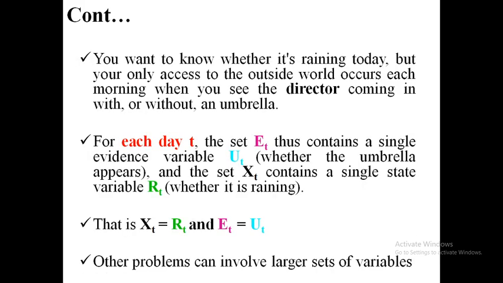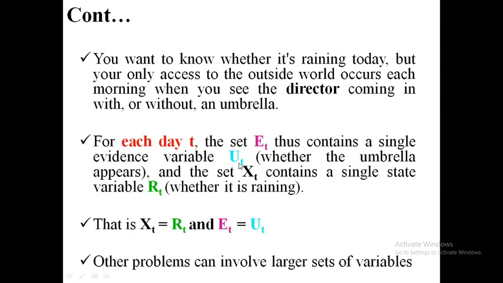So what are the variables we have to verify here? At each particular day, that is our time, a day. Our evidence is the umbrella. To know whether it is raining or not, my X variable is R, the rain, and my evidence is the umbrella U. Whenever there is a U, then automatically there is rain.